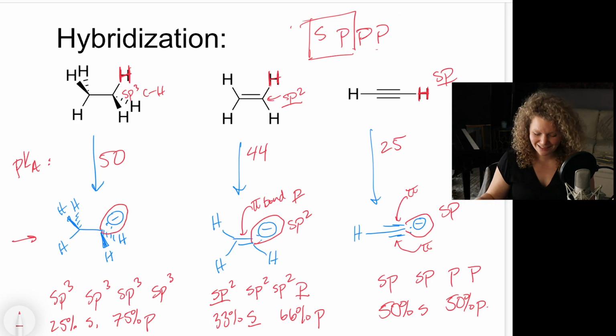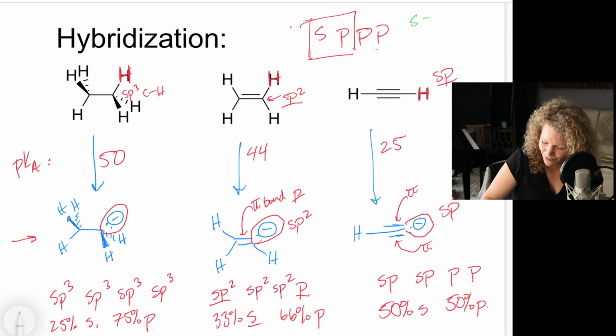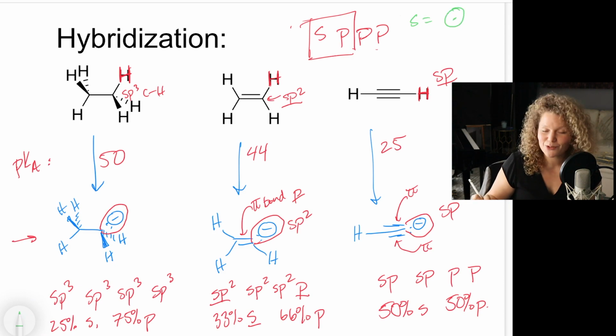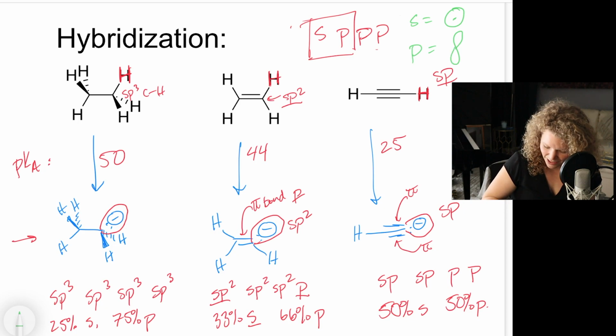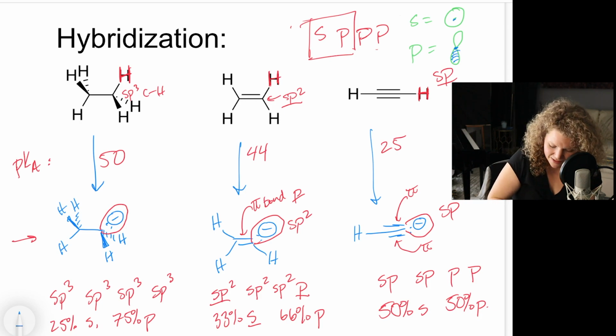Well, what the heck does that mean? Well, let's review real quick. An s orbital is this sphere, and here's our nucleus. A p orbital is this dumbbell shape, and our nucleus is right here in the middle. When we are looking at acidity, remember we're looking at the stability of the conjugate bases.